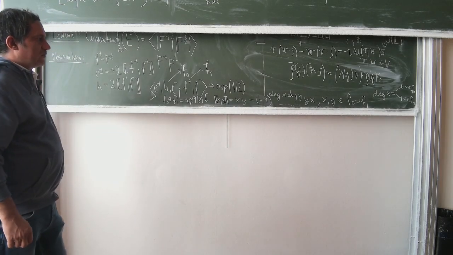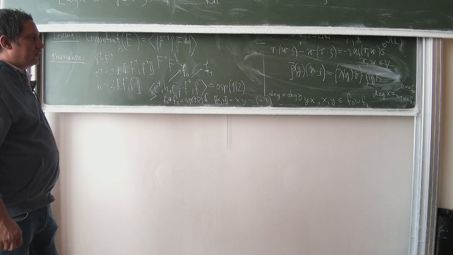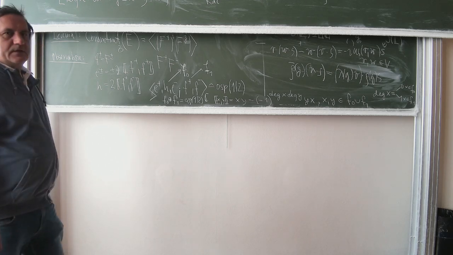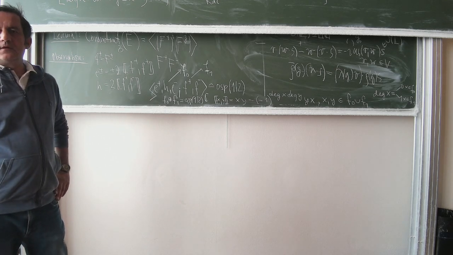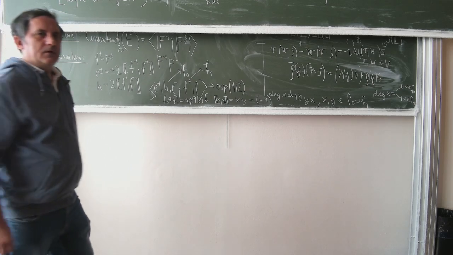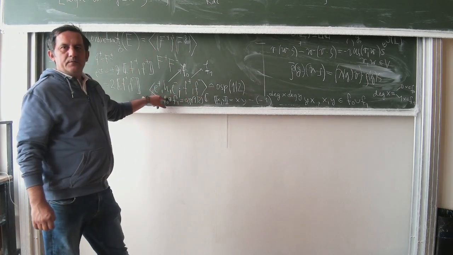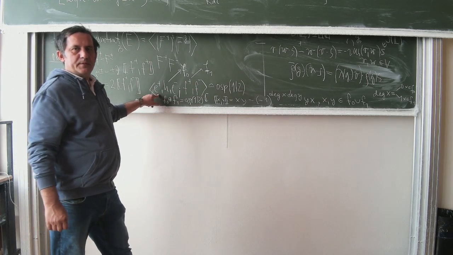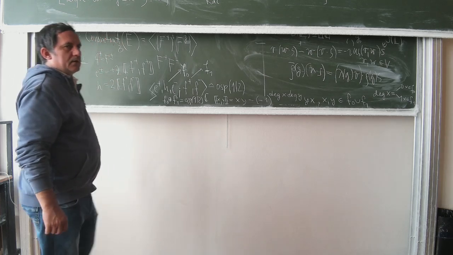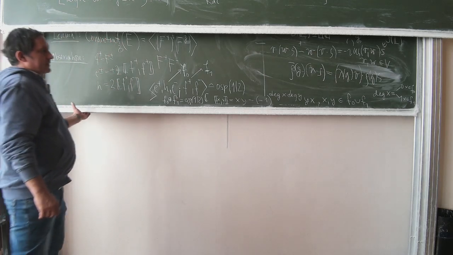So this is a formula for the supercommutator. X and y cannot be zero. If x is zero and y is zero, everything is zero, because the degree of zero is not defined, zero being in both subspaces.